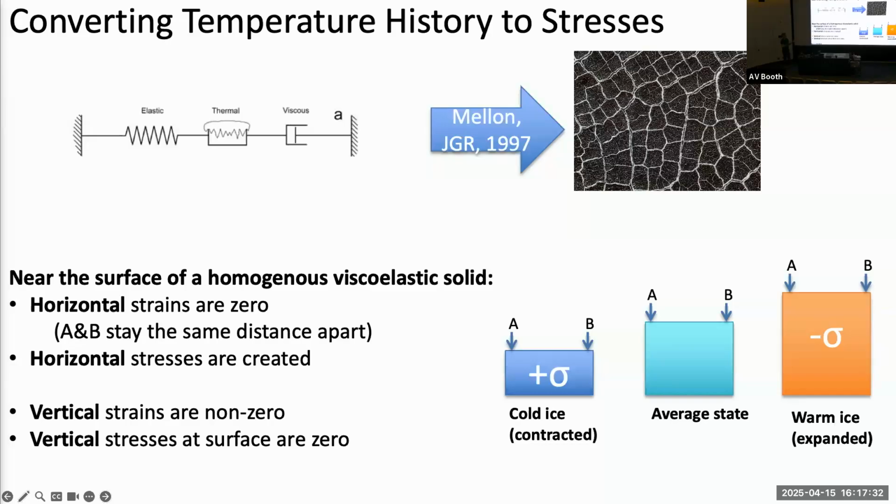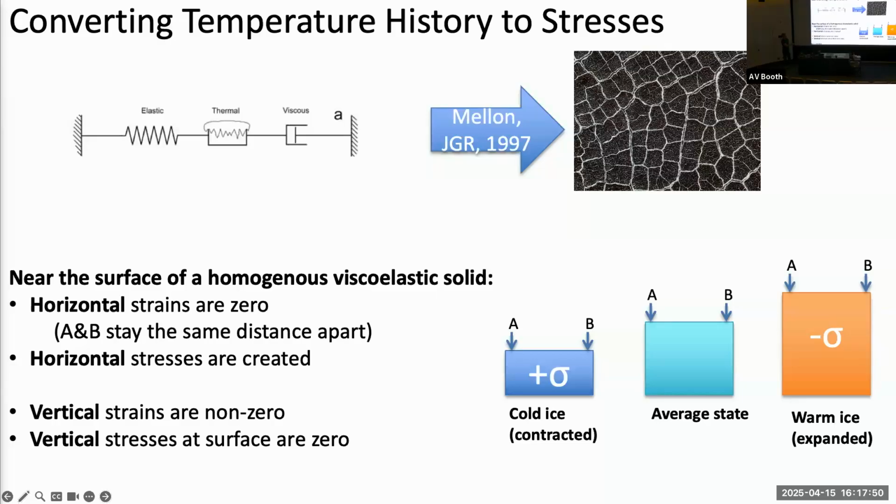So they're basically just stuck there. If that shrinkage gets high enough and the stresses build up enough, then a fracture will form, as we described earlier. But for now, these two A and B points are stuck at the same distance apart.